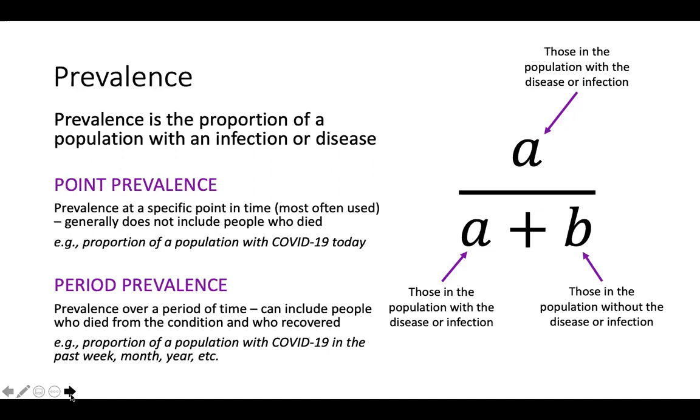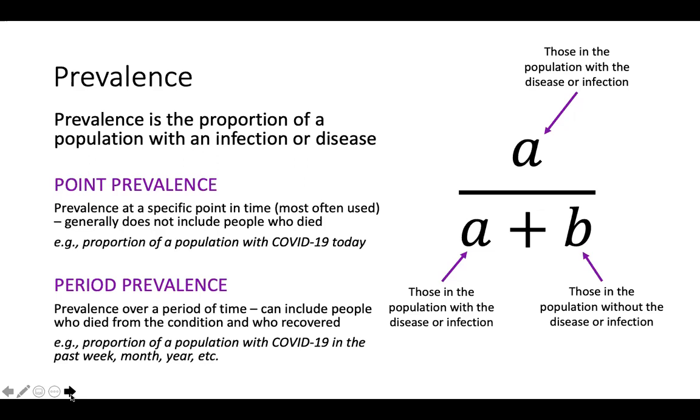The two types of prevalence are point prevalence and period prevalence. Point prevalence is prevalence at a specific point in time, and it's most often used. It generally doesn't include people who died from the condition or who recovered from the condition. It just says, as of this date, this many people are infected.